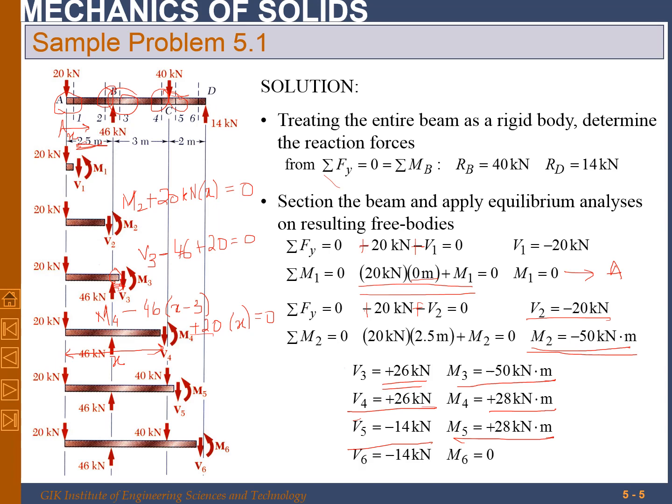But if you take a section just before D, the shear force is minus 14 kilonewton and the bending moment will be equal to 0. If you look at the figure, there's a pin joint, and at a pin joint the moment will be equal to 0 at the end. So this is how you can find shear force and bending moment for this problem.